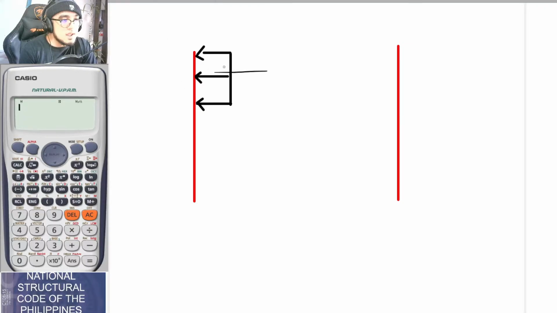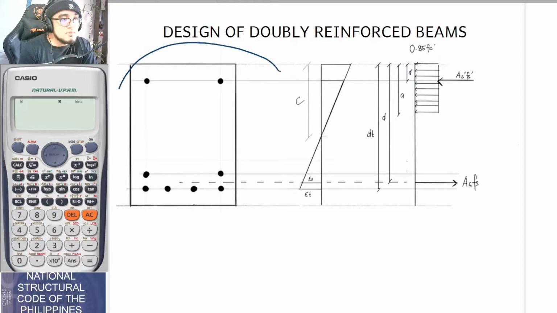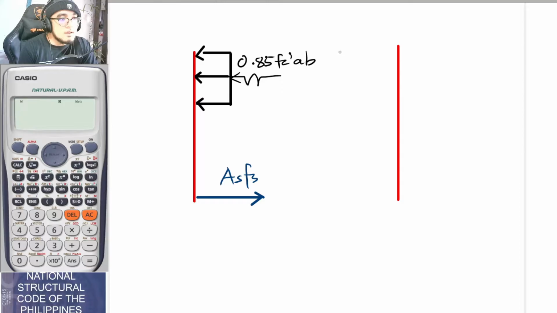So the resultant here, let's say that this is to be the resultant, that is to be 0.85 FC prime AB. And for its tensile force, as brought about by the tension reinforcement, it is to be your AS FS.